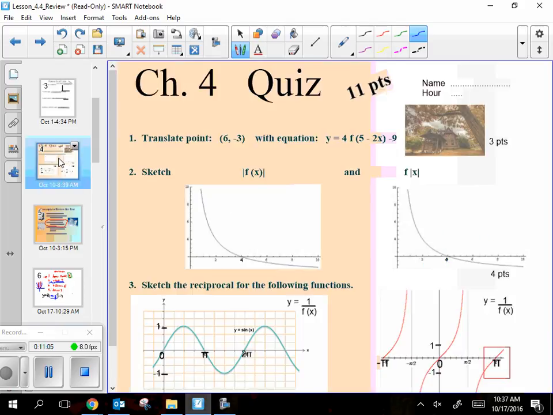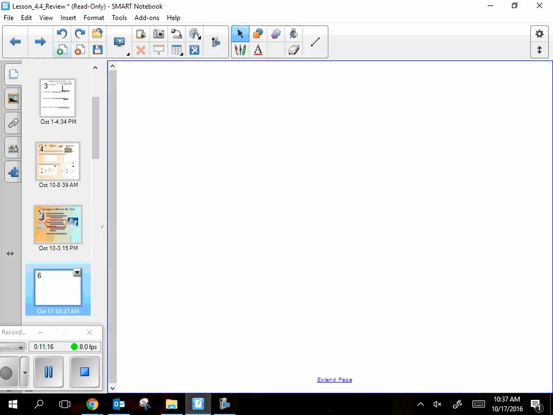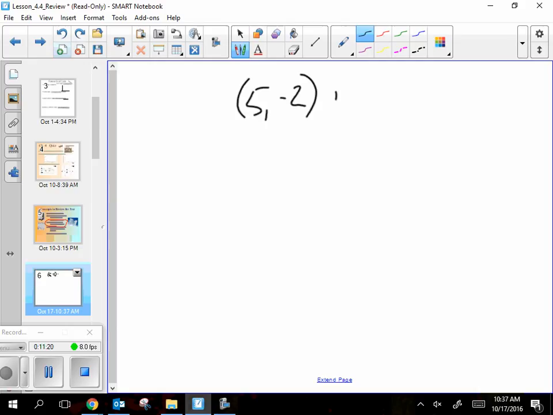Let's go back to the list of topics here. If I gave you a point and I said, I want this guy to move to this spot. Let's say 5 comma negative 2 is on f of x. You don't even know what the function is, but it's on the original function. The new function, g of x, is based on f of x, but it's negative 3 times it.